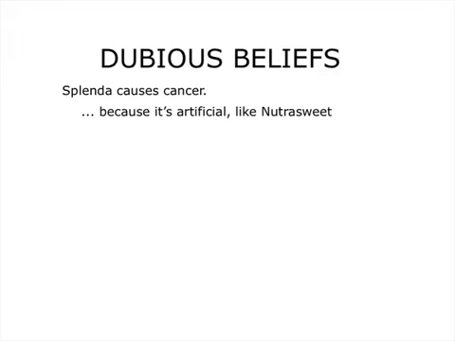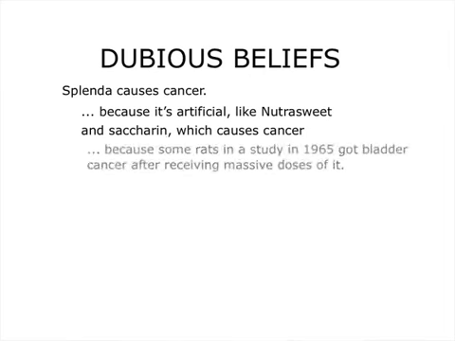It's sucralose, right? But Splenda and NutraSweet are kind of the same thing. They're artificial sweeteners, and like saccharin, which we know causes cancer. So if Splenda is like saccharin, and we know that saccharin causes cancer, then Splenda must cause cancer. That's a sort of reasoning process that people can use.